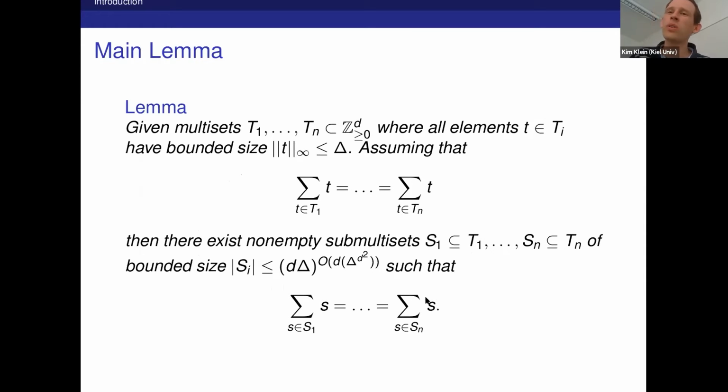And they also sum up to some smaller point in the space. The important thing to notice here is that the bound on the cardinality of the subsets does not depend on n, and it also does not depend on the cardinality of the Ti's.